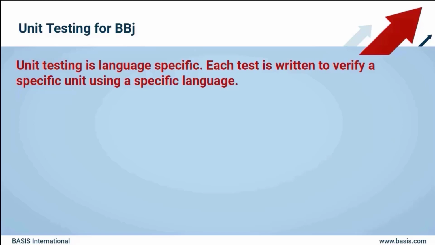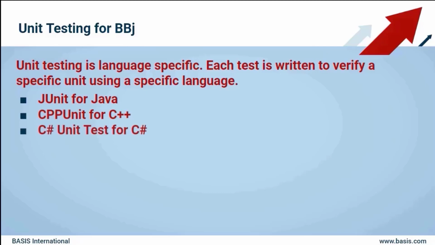So in unit testing for BBJ, each test is written to verify a specific unit using a specific language, in our case BBJ. There are other frameworks such as JUnit, written to do unit testing in Java. There's CPP Unit, that's written to do unit testing in C++. There's C# Unit Test for C#. And of course, there's BBJ Unit Test for BBJ.